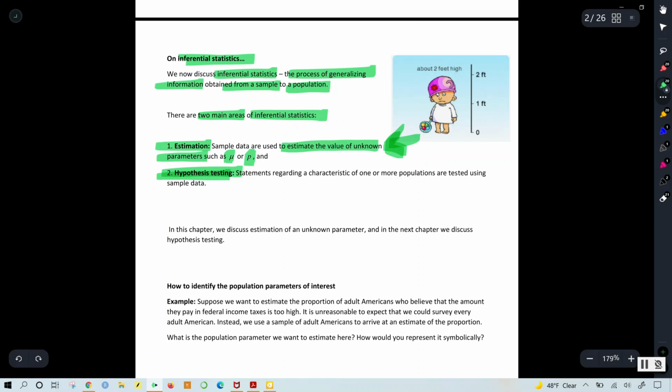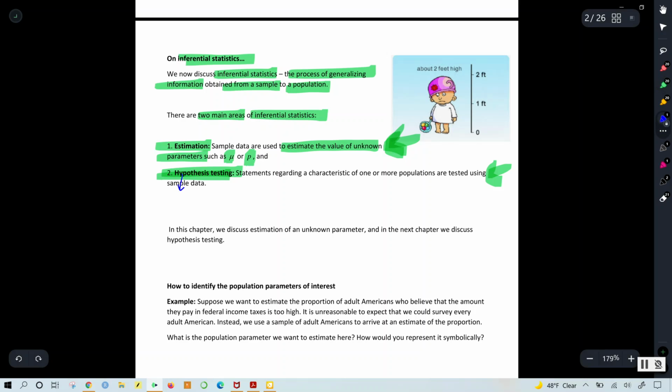On the other hand, if anyone makes a claim and we're interested in collecting evidence from sample data to see if that evidence backs that claim or refutes that claim, then we're interested in hypothesis testing.